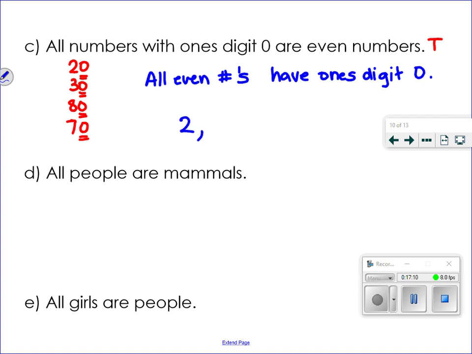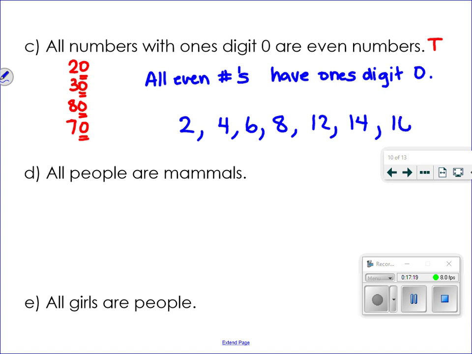How about 2, 4, 6, 8, 12, 14, 16, and we could go on, couldn't we? All of these numbers are even, but they don't all have 1's digit that is 0. Okay, so the original statement was true, its reverse is false.